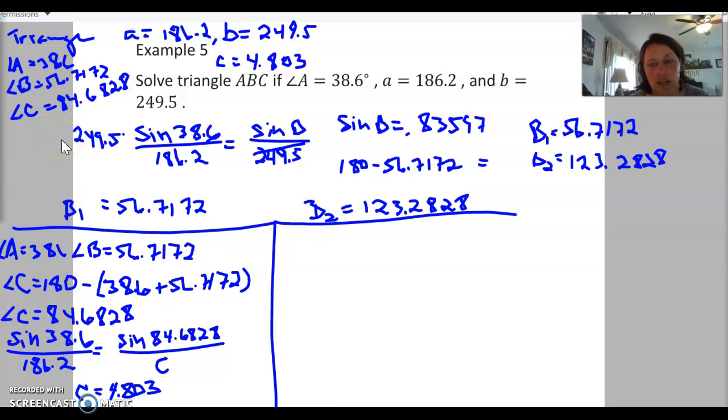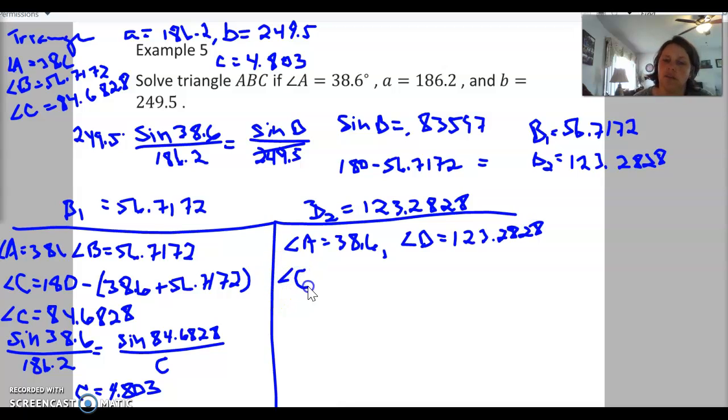So second triangle, we're going to do all of the same thing. So we have angle A equals 38.6. Angle B, this time we're doing B sub 2. So this time angle B is equal to 123.2828.